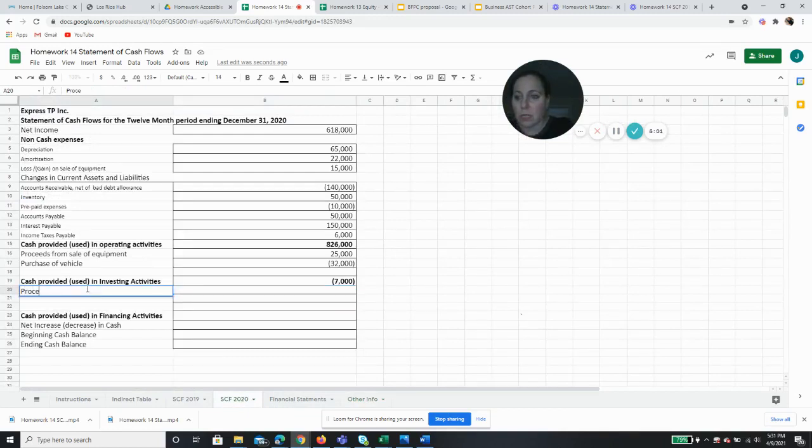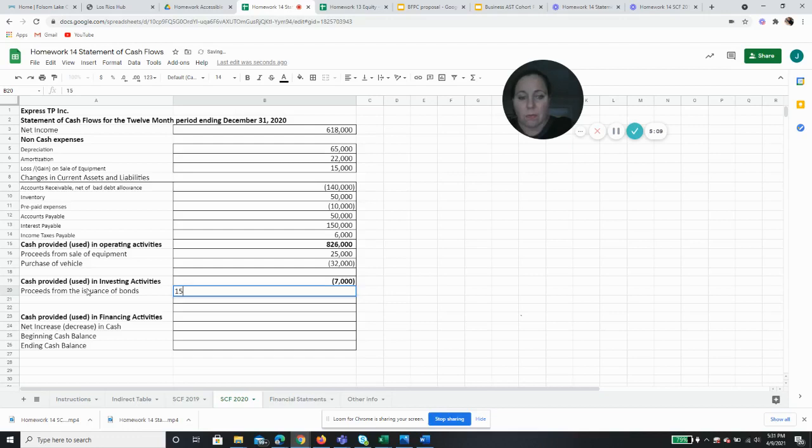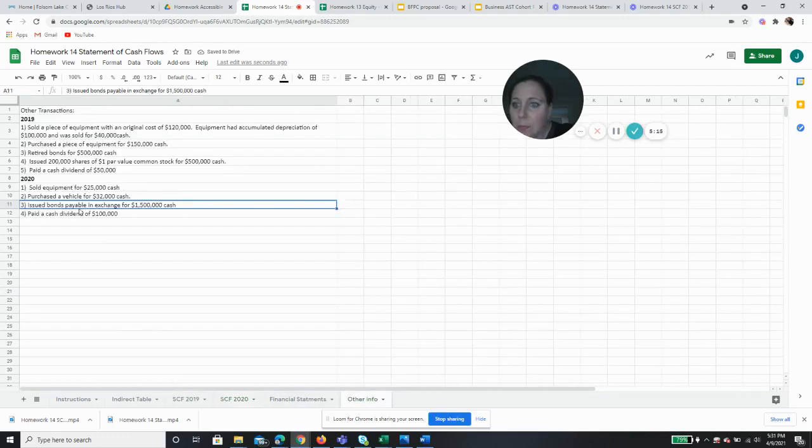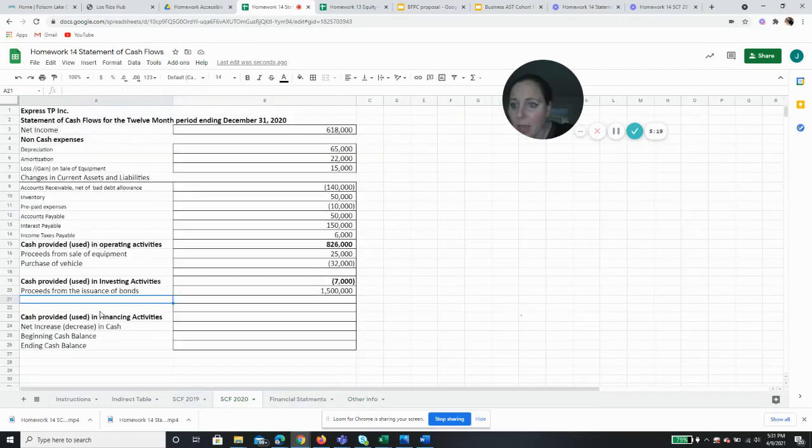So proceeds from the issuance of bonds, $1.5 million, and we paid a cash dividend of $100,000. That's going to be paying out cash.